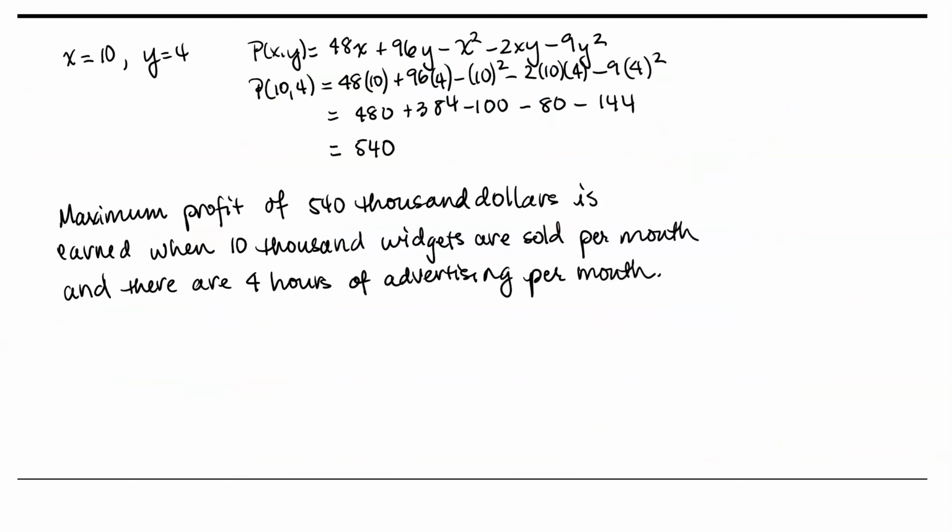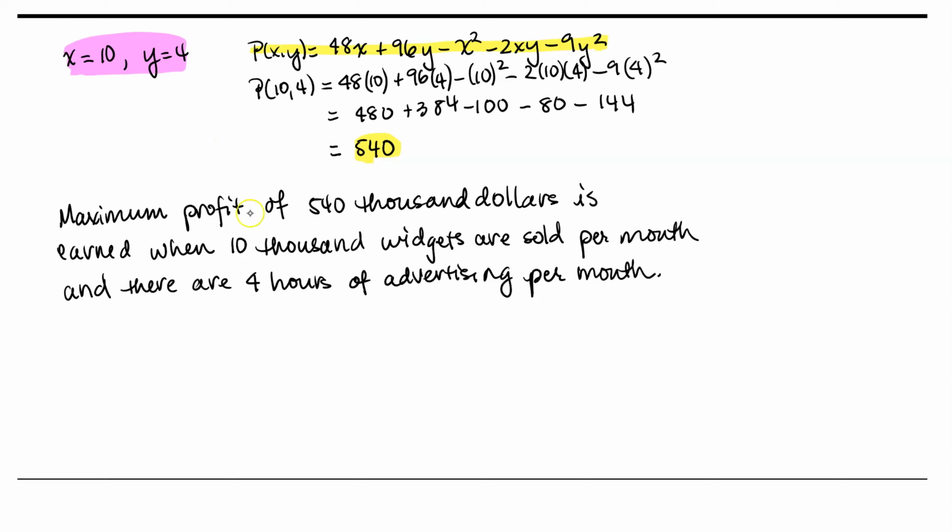So we found our x and y values of x equal to 10 and y equal to 4. And so we can then substitute those values into our profit function. When we do that, we end up with an output of 544. The question is, 544 what?